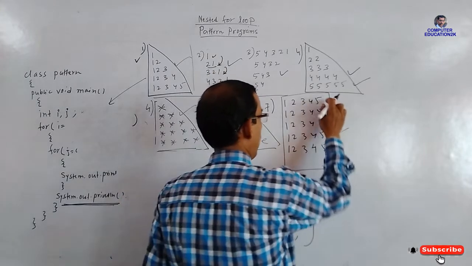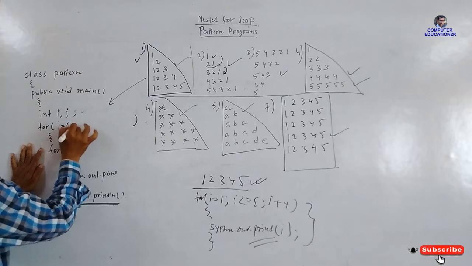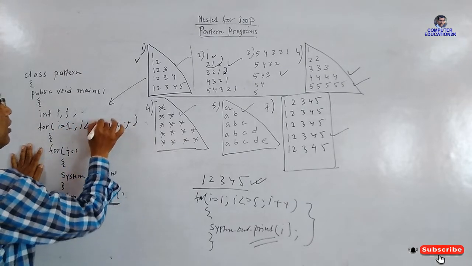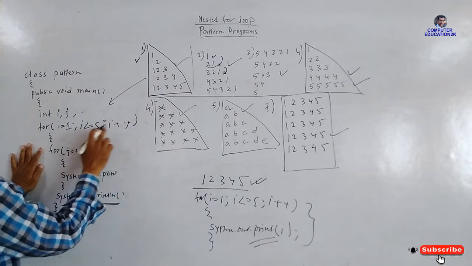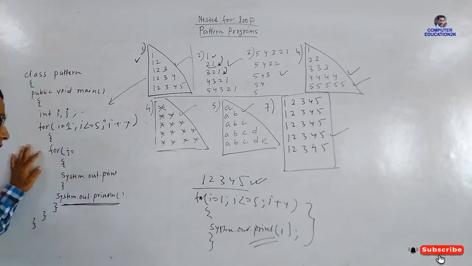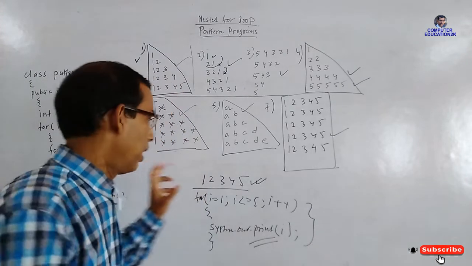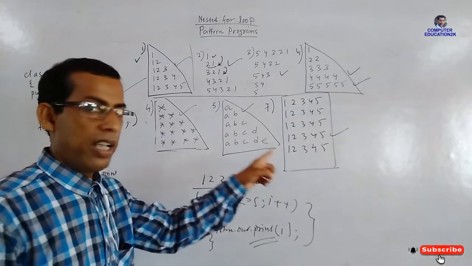How many rows are there? 1, 2, 3, 4, 5. So you can write for I equals 1, I less than or equal to 5, I plus plus. And in J you will write like this because you have to print the values 1, 2, 3, 4, 5 in each line.